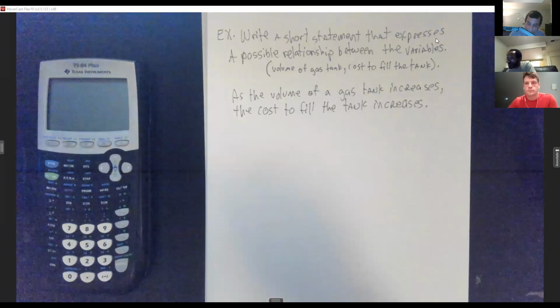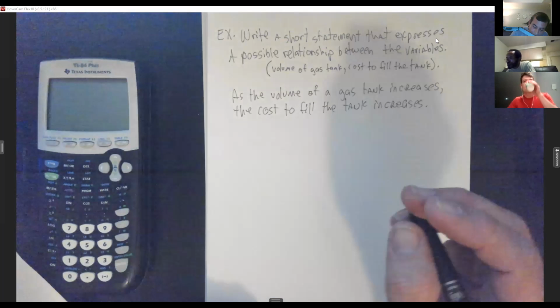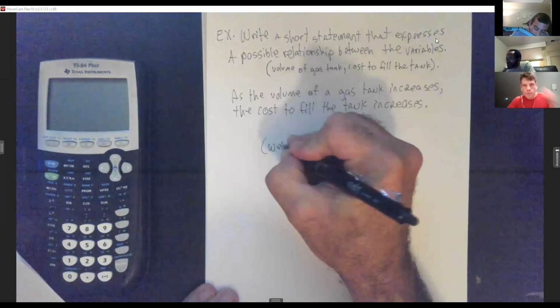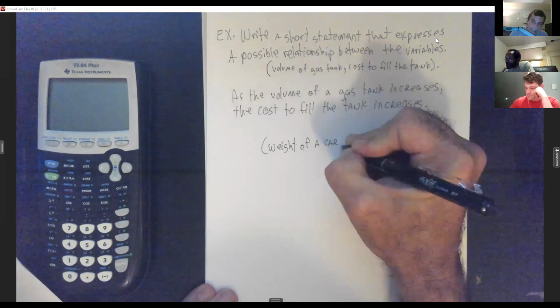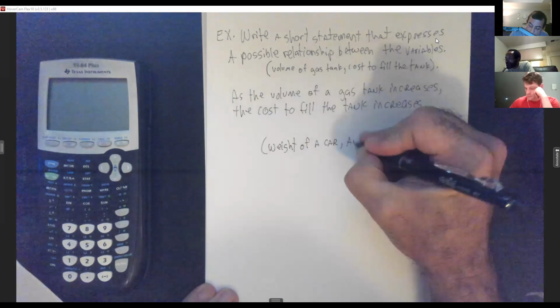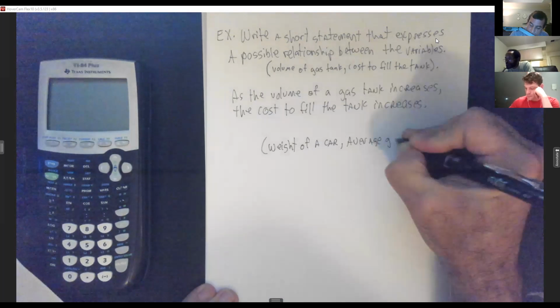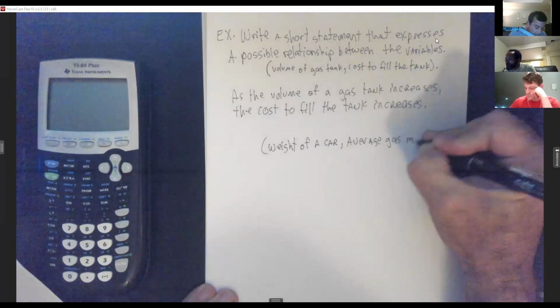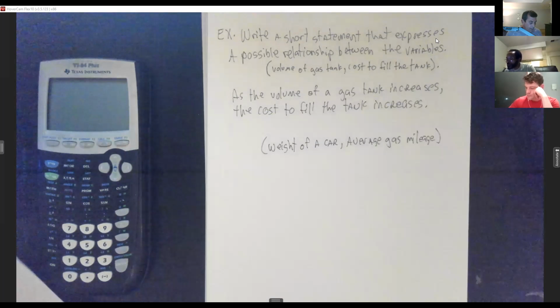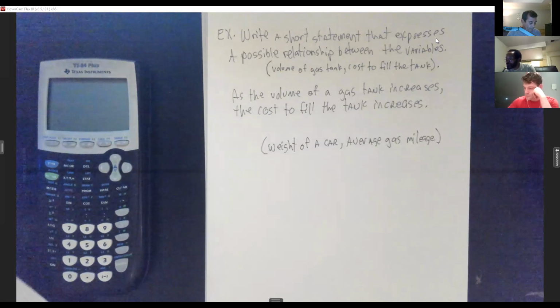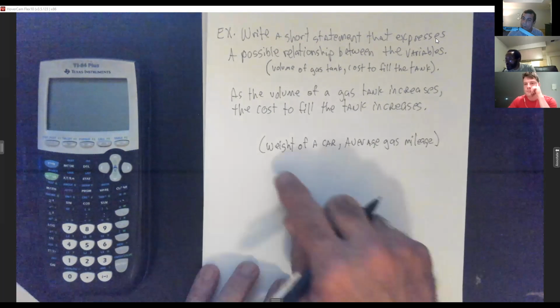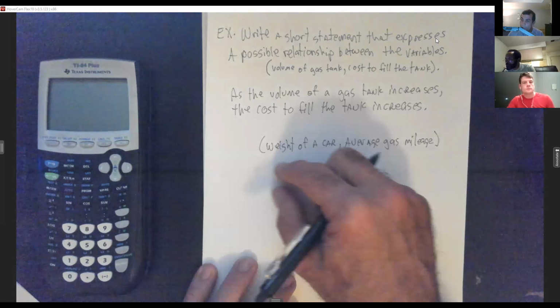All right, same thing, okay? This one has weight of a car, average gas mileage. So you would think maybe on something like this, weight of the car is my independent variable.